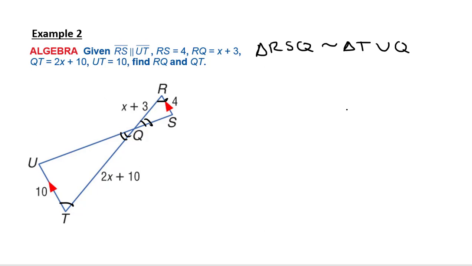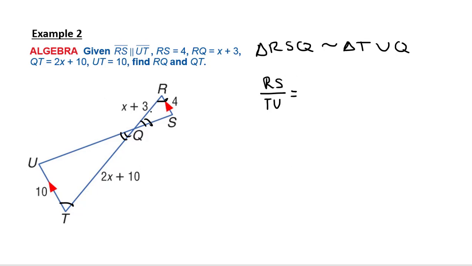So I need to set up a proportion. So TU or UT is proportional to RS. So RS over TU is equal to, QT and RQ are also proportional.